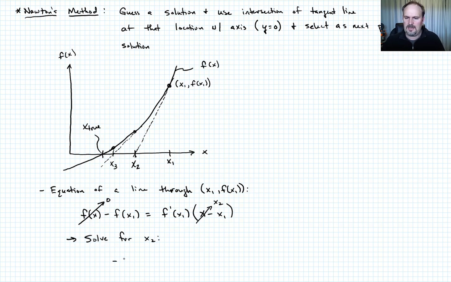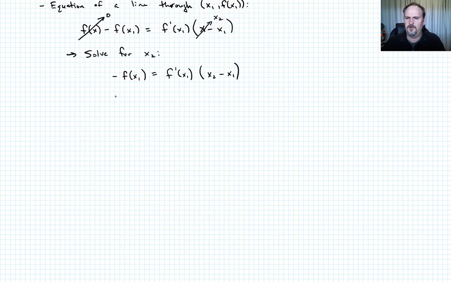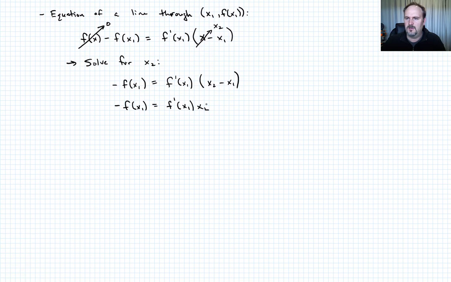So if I write this out, I end up with minus f of x1 is equal to f prime of x1 times x2 minus x1, right? Let me just keep going through. I'm not going to write all the equation numbers. That's negative f of x1 is equal to, I'm just going to distribute through now, f prime of x1 times x2 minus f prime of x1 times x1.